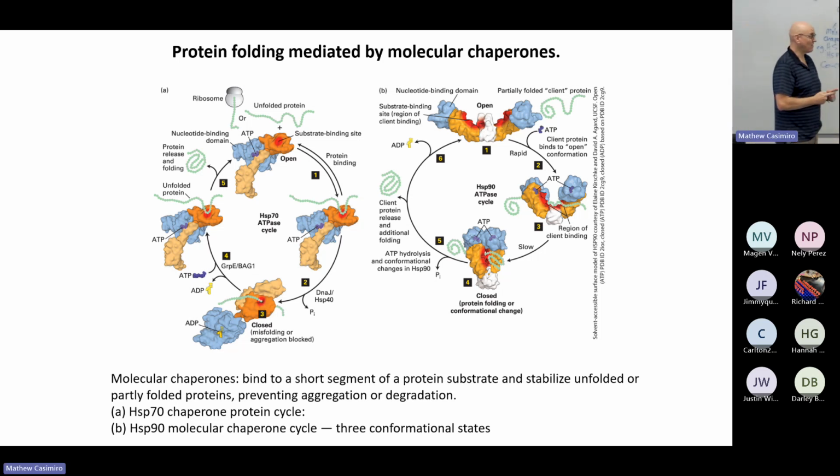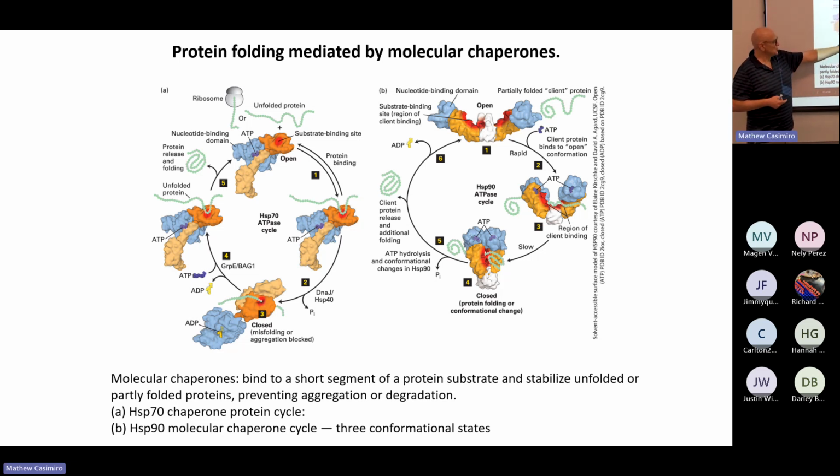In eukaryotes, there are at least about 10 to 20 co-chaperones that associate with heat shock proteins. The co-chaperones help with the hydrolysis of ATP and the change in conformation of the chaperone itself.